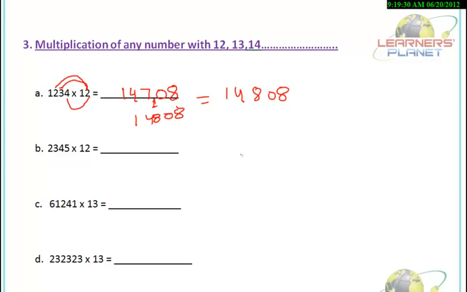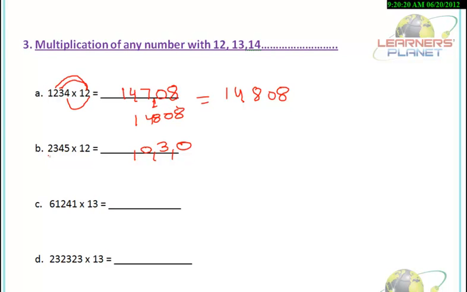Similarly, we can try this example also. Let's multiply. 5 2s are 10. We'll put it like this. Then 4 2s are 8 plus 5, 13. Then 3 2s are 6 plus 4, 10.